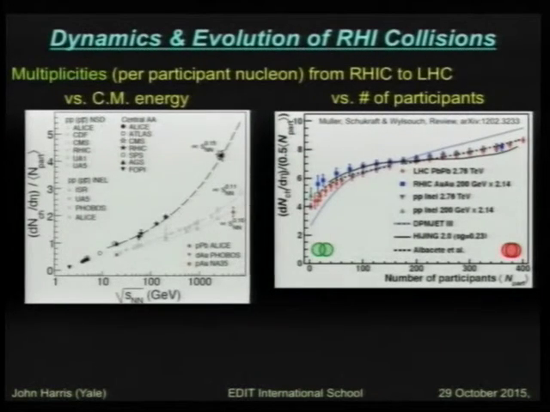So the multiplicities shown here, this is the charge multiplicity per unit pseudo-rapidity divided by the number of participant nucleons. So this means if I took a Glauber model or any other geometrical model that you want to impose, as I overlap or go to smaller and smaller impact parameters, I can count approximately how many protons and neutrons overlapped initially, okay?